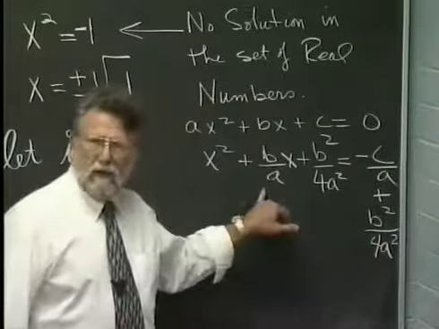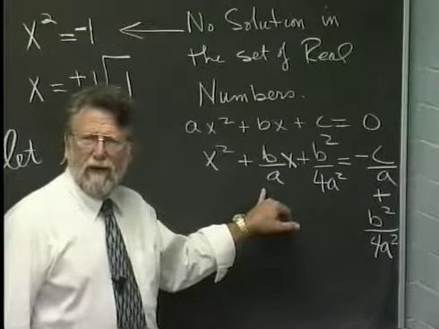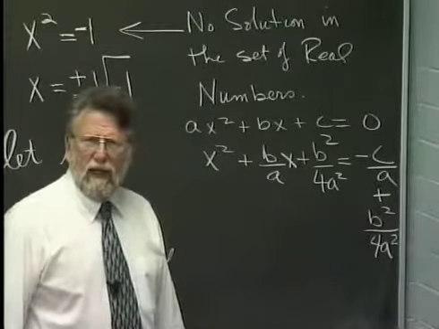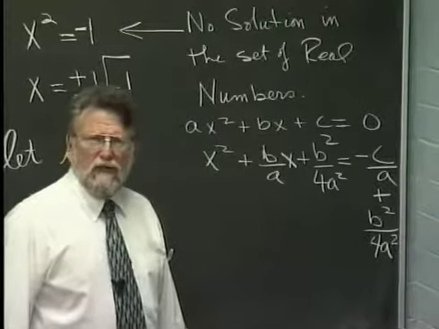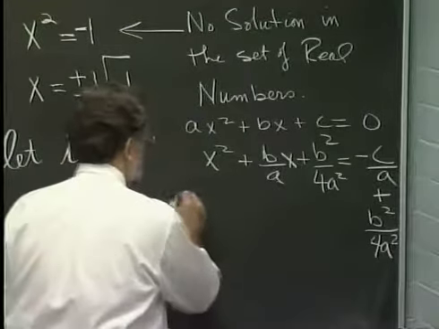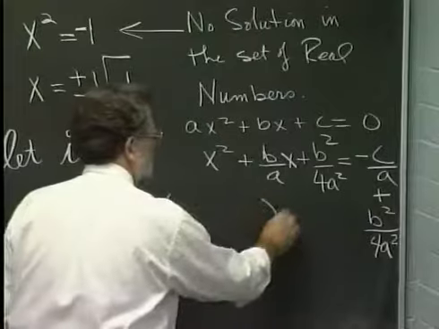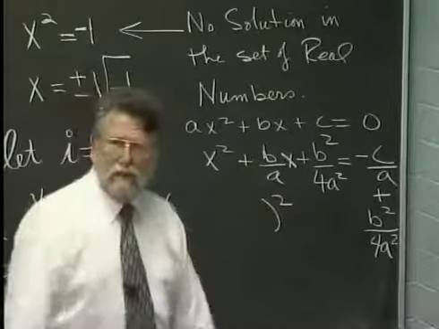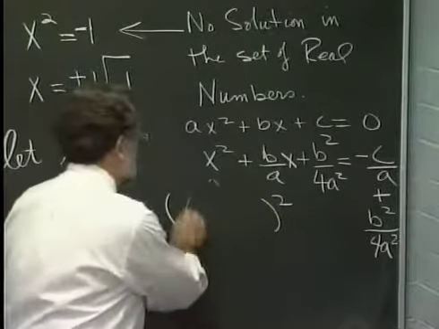So far okay? Now if I've done this correctly, I should be able to write the left side as something squared. And we know it should have an x in it. And then what?